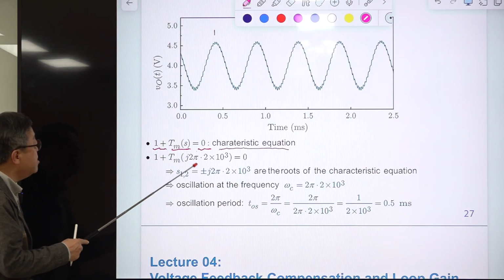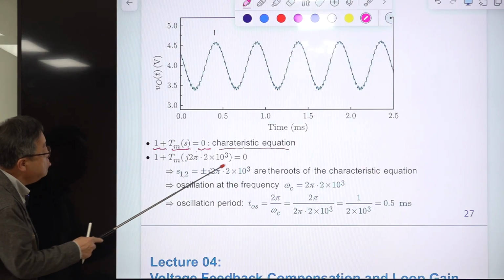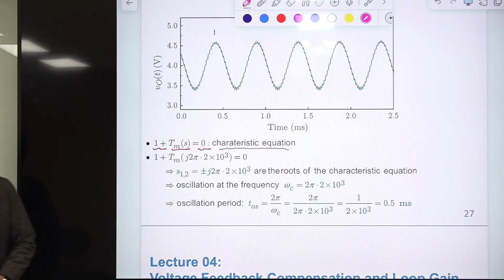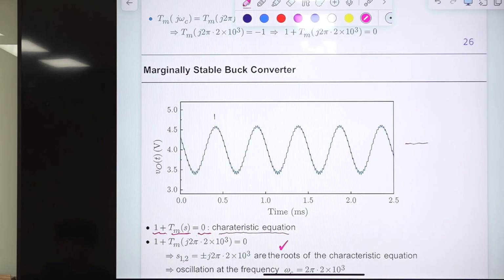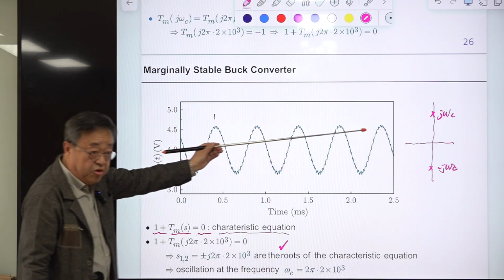So this is the solution, the root of the characteristic equation. Then the characteristic equation has roots on the imaginary axis at plus j omega c and minus j omega c. Then there should be a sustained oscillation at this frequency.